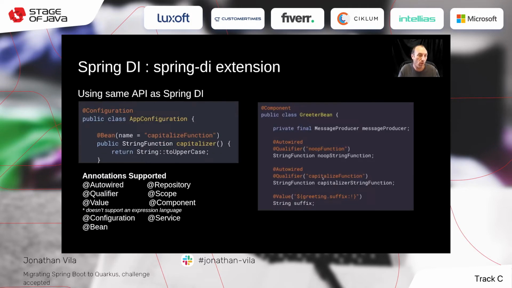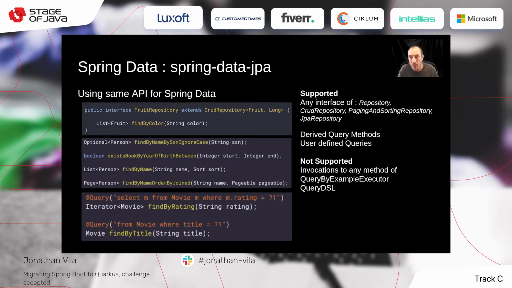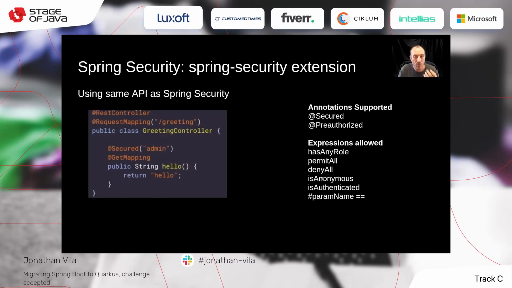You can do it also for Spring dependency injection, using the annotations that are already inside the extension. With Spring Data, the same, and you can even use the derived query methods. That's perfectly fine. It's very easy to get used to those extensions, and very fast to use them. Even with security, you can do exactly the same.